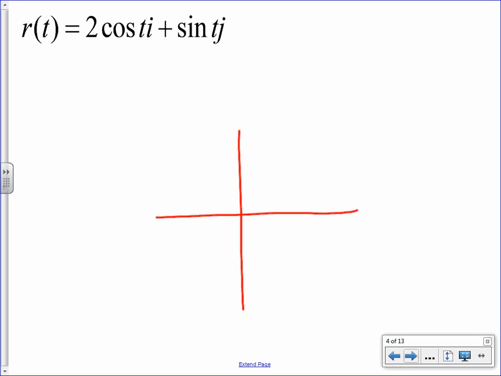What would you like to do? Eliminate the parameter. So we know that our horizontal component is 2 cosine of t, and our vertical component is sine of t. You do the square thing: cosine squared plus sine squared equals 1. And what would cosine squared be the same as?